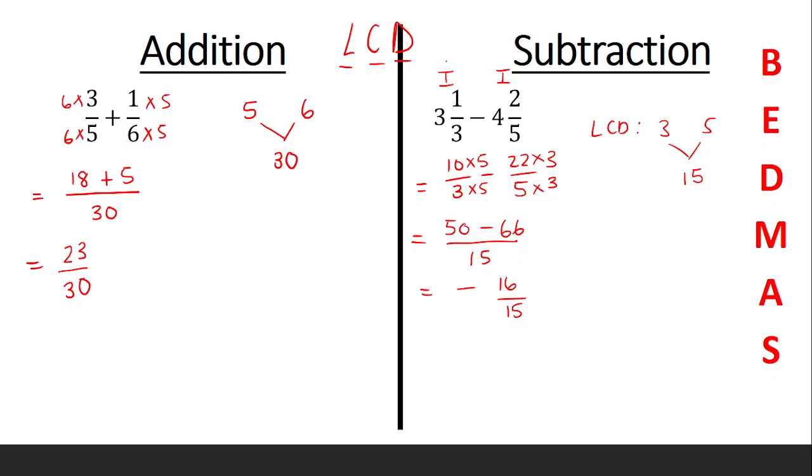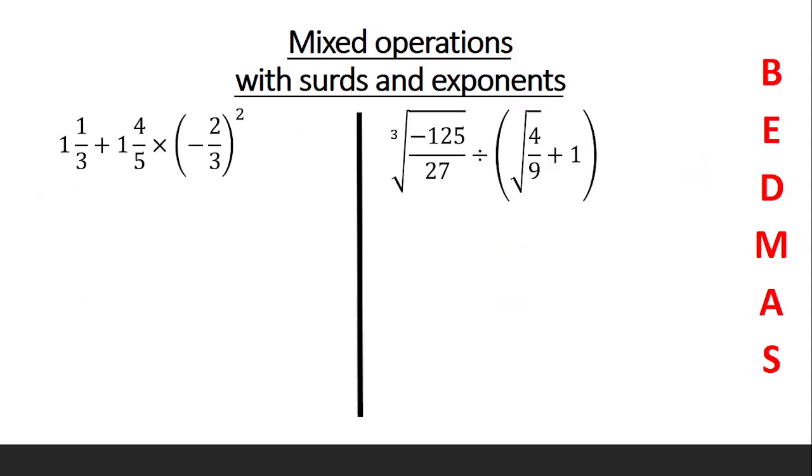Okay, so let's look at mixed operations now. I've put in some surds and some exponents just to see if we understand those laws. So we're going to first look at BEDMAS now. We need to do brackets first. Our brackets are over here, but once we are within the brackets, we've got to apply BEDMAS.